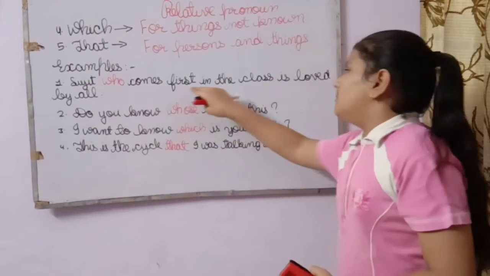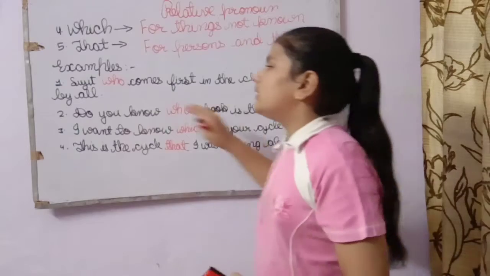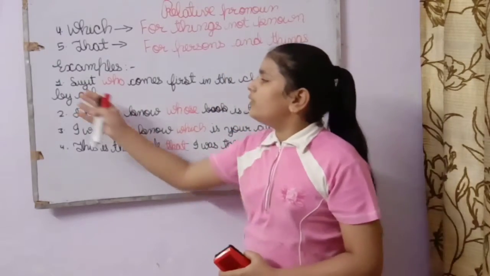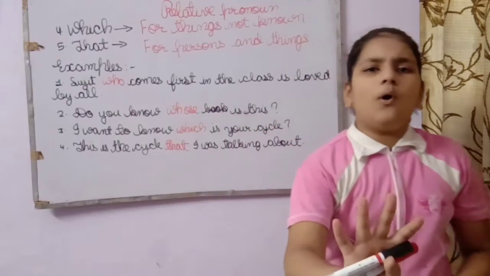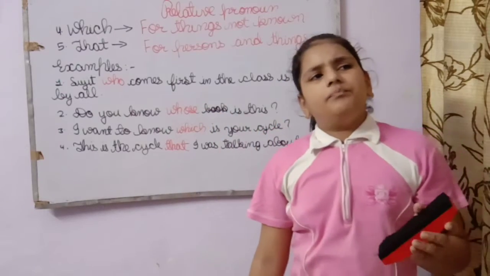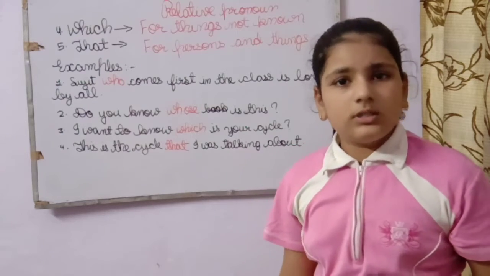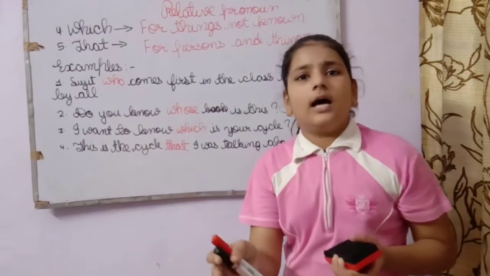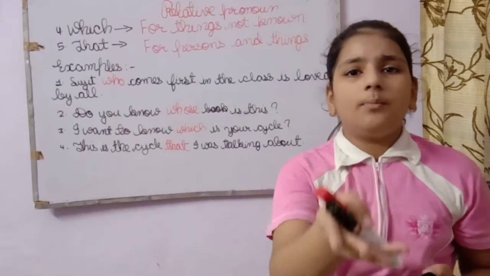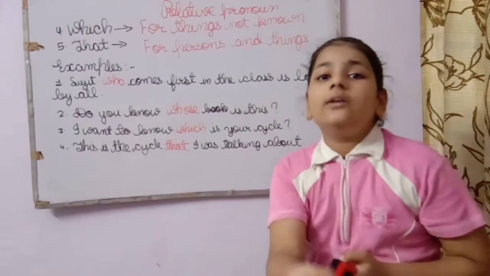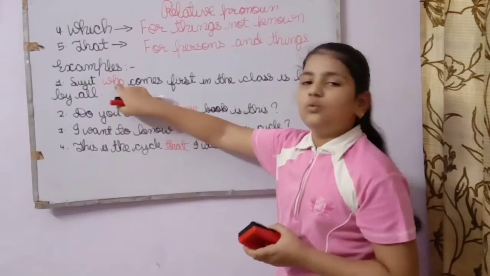Sujit, who comes first in the class, is loved by all. Now in this, just suppose that Sujit is your neighbor. Suppose he is a student of class 5th and he is your neighbor. And if you know him, then you are going to use "who".